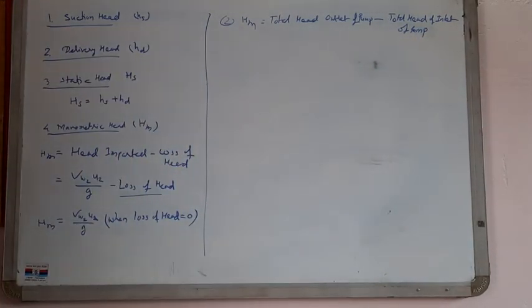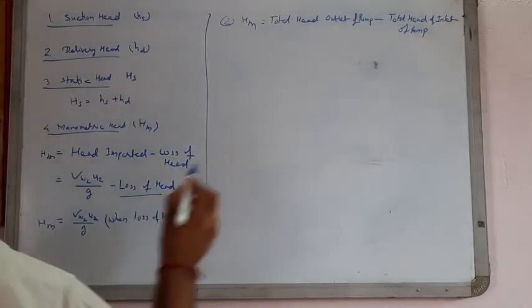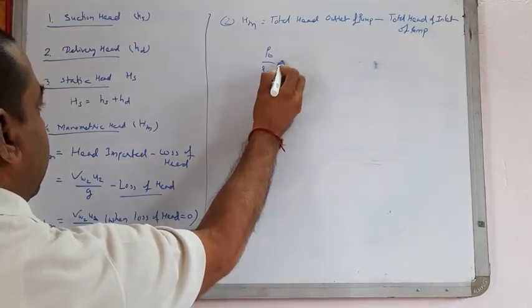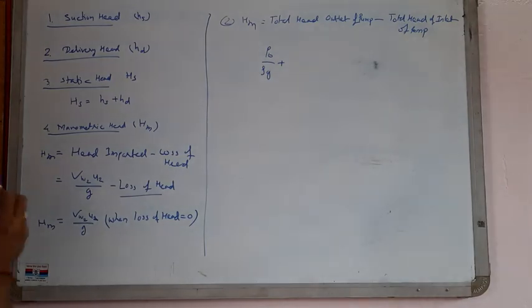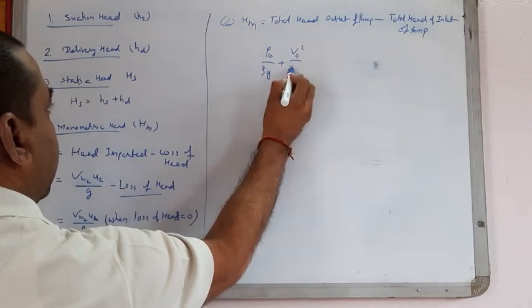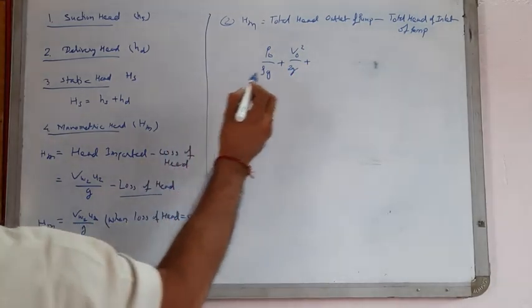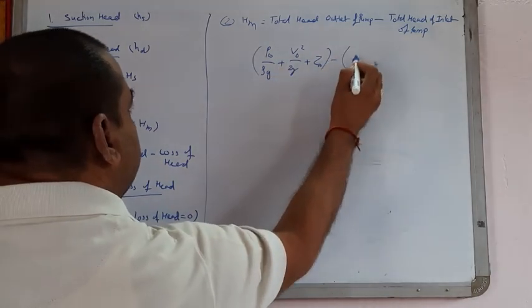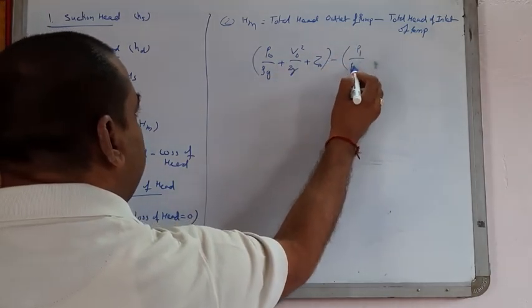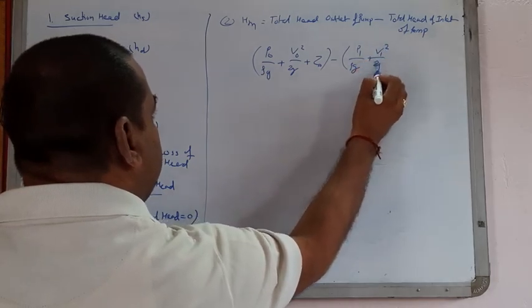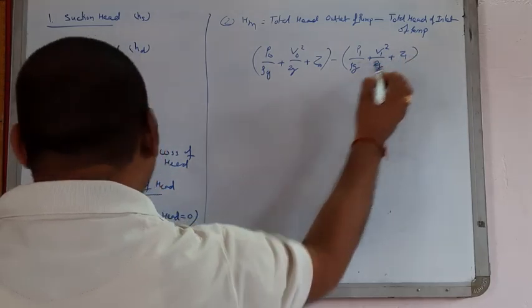So here this is P0 by rho g plus V0 square by 2g plus Z0 minus P1 by rho g plus V1 square by 2g plus Z1.